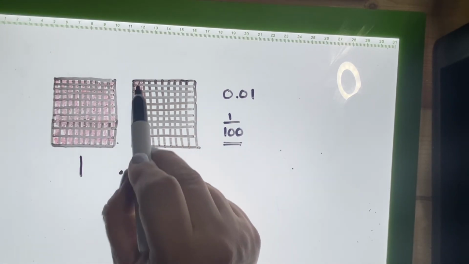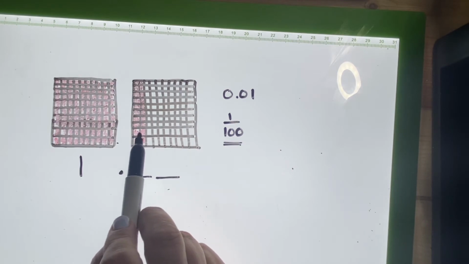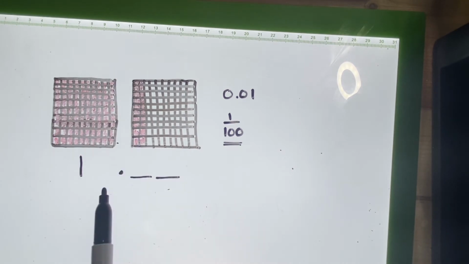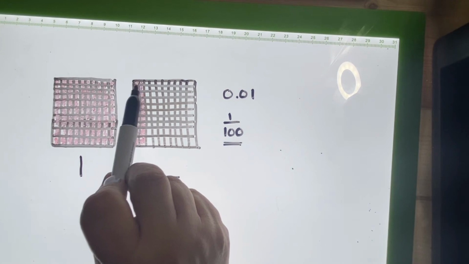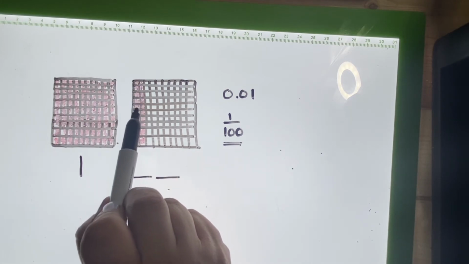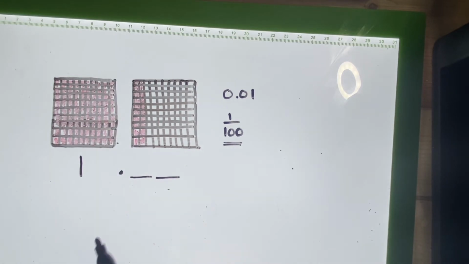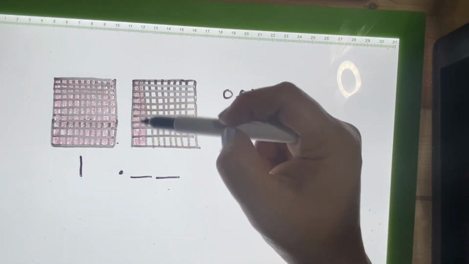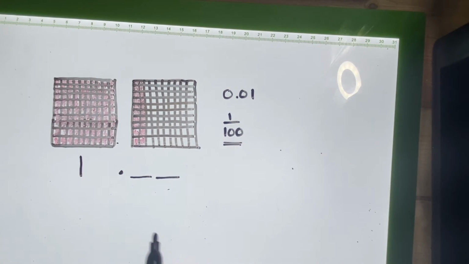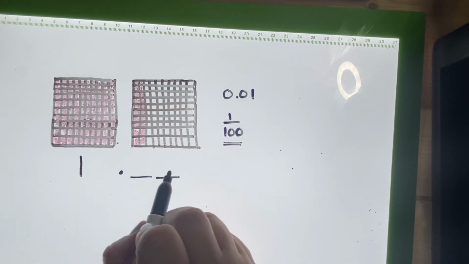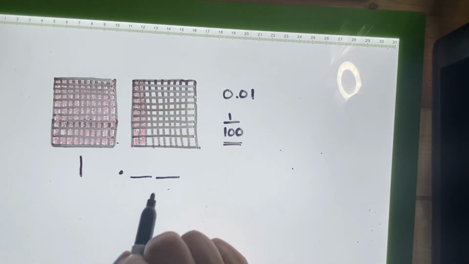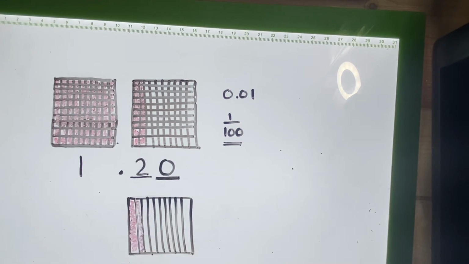How many of these one little blocks of these 100ths do I have colored in? 2, 4, 6, 8, 10, 12, 14, 16, 18, 20. Or I could simply go 10, 20. But I've got 20 hundredths.